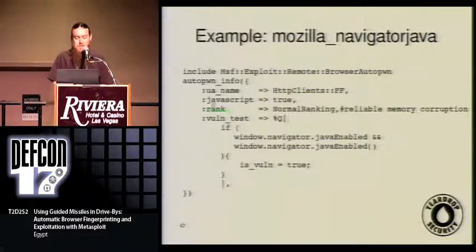This tells us, well, that was a terrible drawing, but this tells us what kind of exploit it is. If it's a reliable exe writer, it goes first. We want to sort things by how likely they are or how unlikely they are to crash the browser. It's much better for us if we can just get a shell without ever alerting the user. So we try those things first.